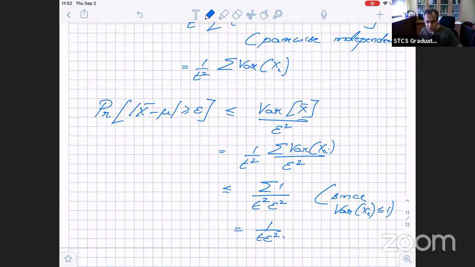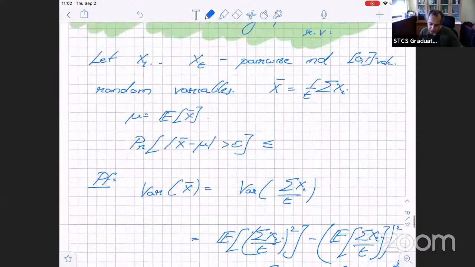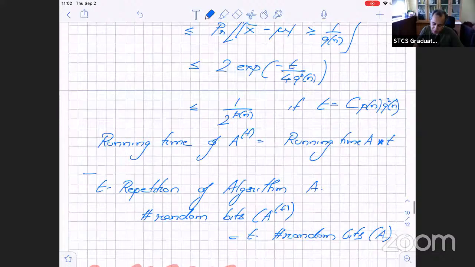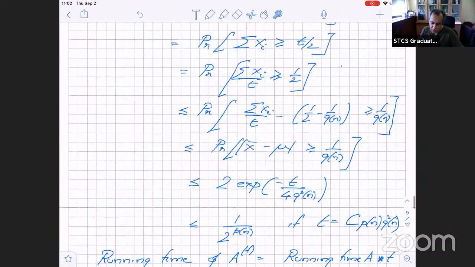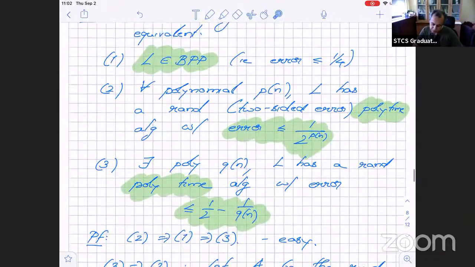Okay. So if I have pairwise independence, what is the number of repetitions? Say I want to reduce the error to delta. In the Chernoff bound, let's go back to the statement.